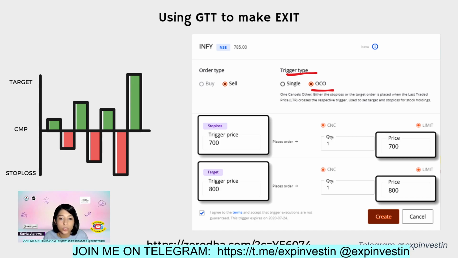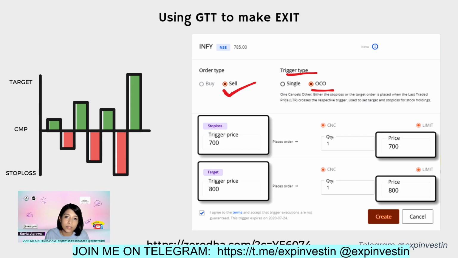You cannot do OCO, because in cash or delivery, you cannot do shorting, right? You can only do the long side. That's why when you're on a transaction type of buy, you can only do the single order type. But when you're on the order type of sell, you can do both single and OCO.